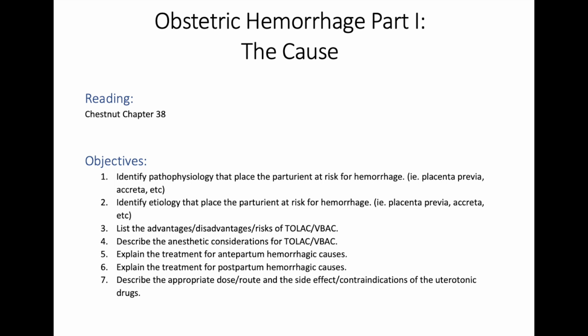There is some very small indication for giving Methergine IV very, very slowly, like over a minute or two, only in really severe life-threatening hemorrhage. And the literature is kind of contradictory about that. Chestnut actually says you can give it very, very slow IV push in those severe cases.